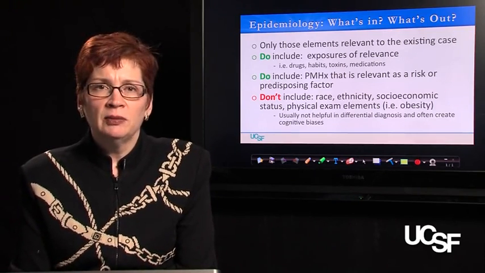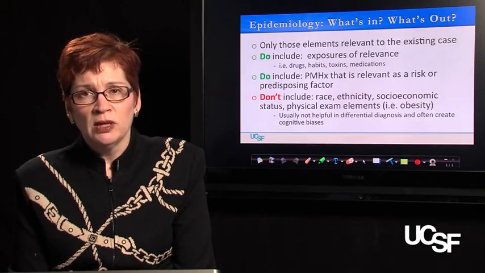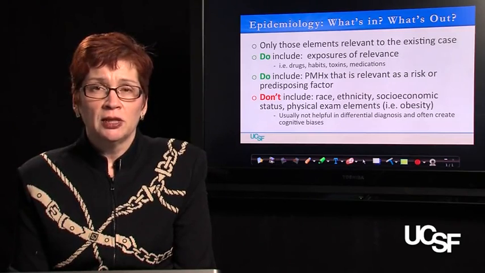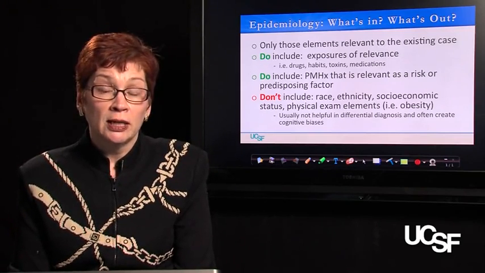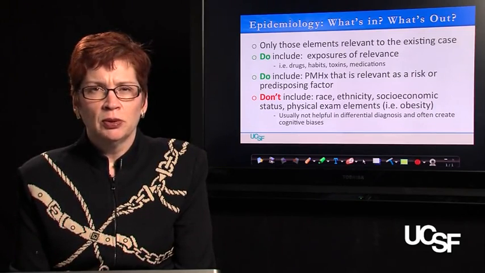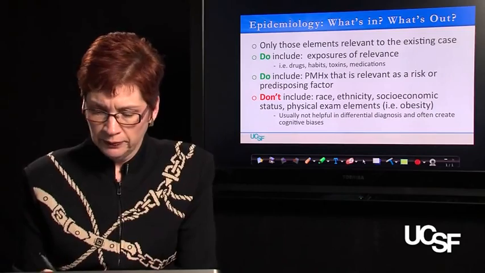And you shouldn't include elements of the physical exam, for instance, a description that the patient is obese, because that again does not generally help in the differential diagnosis over and above other disease elements they might have, and often may predispose people to biased thinking that they're unconsciously aware of.